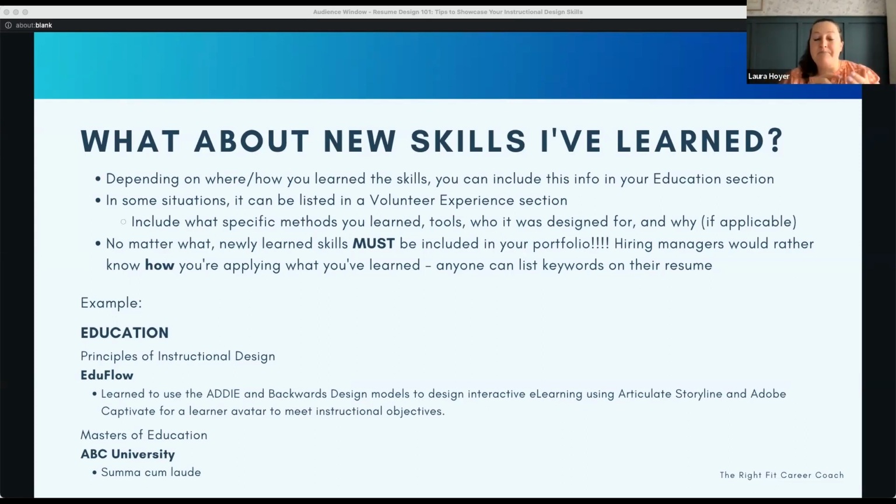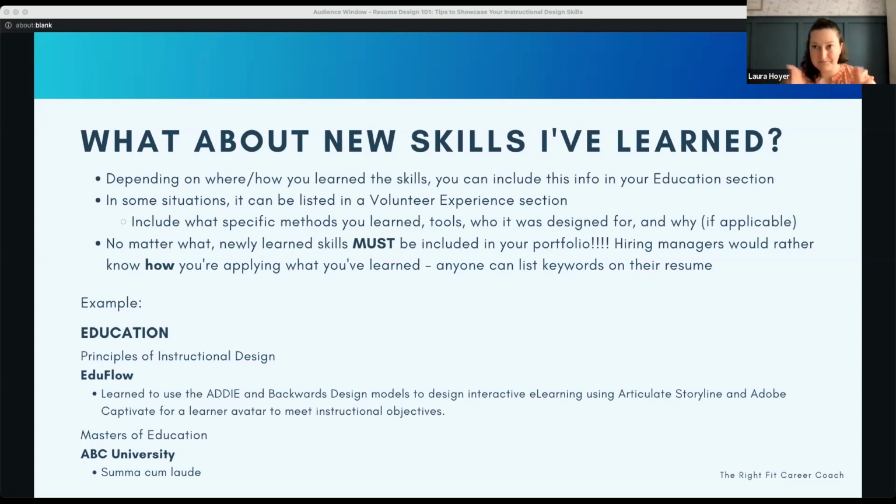But either way, in that section, you don't just want to list tools that you've learned, and you don't necessarily want to just list the fact that, like, I designed stuff or I practiced instructional design skills. You need to be specific, just like your other accomplishment bullet points. Talk about specific methods you learned, tools you learned, who it was designed for if you designed something, and why, if applicable.